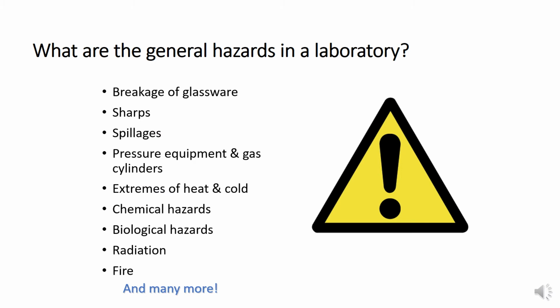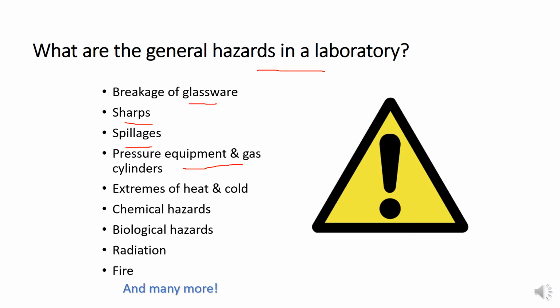If we talk about general hazards in the lab, there are many, like breakage of glass. There are many sharps in the bio labs as well as in the chemistry lab. In engineering labs there might be big equipment with a different setting, but of course they also have many dangerous things. Spillage of chemicals, as well as certain gases.